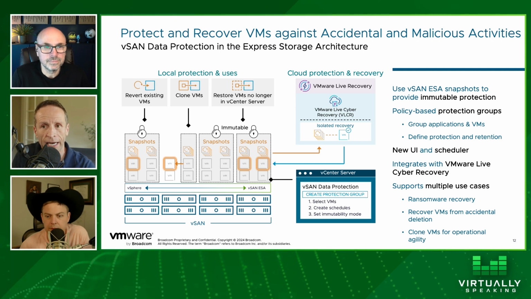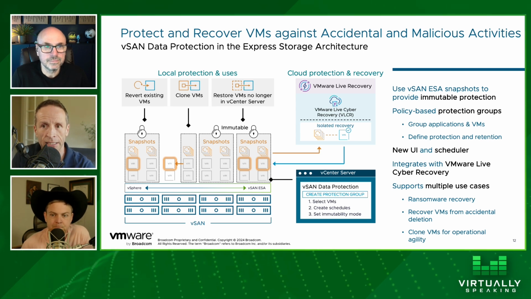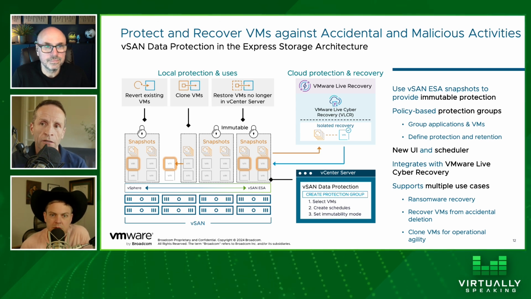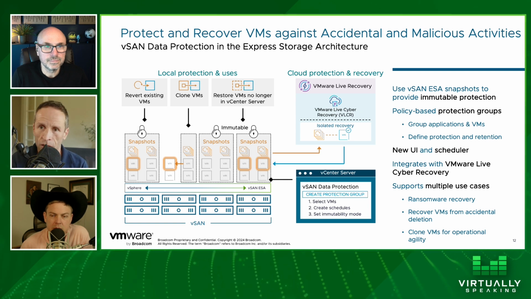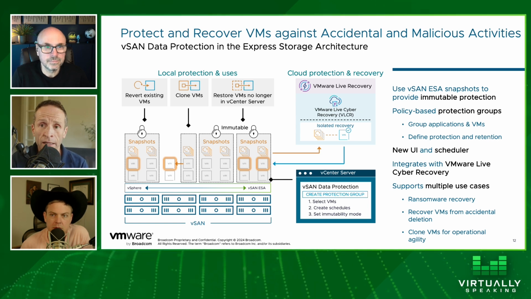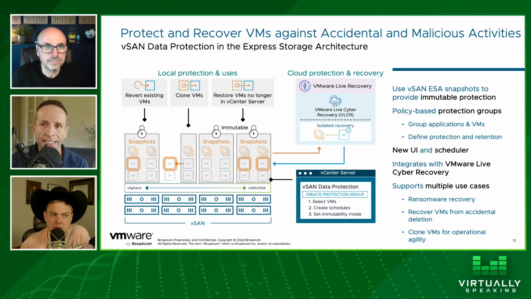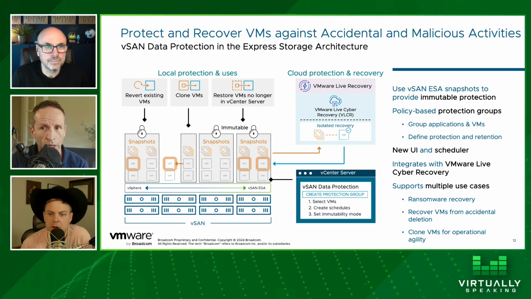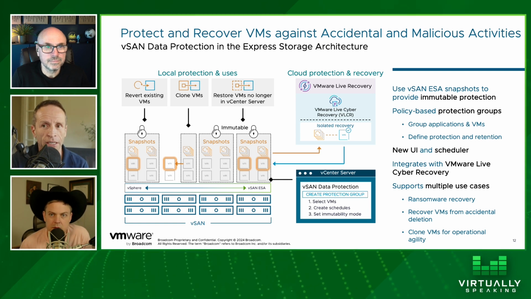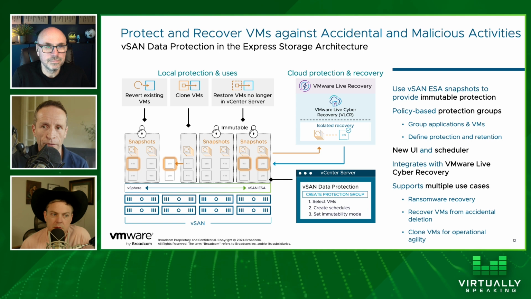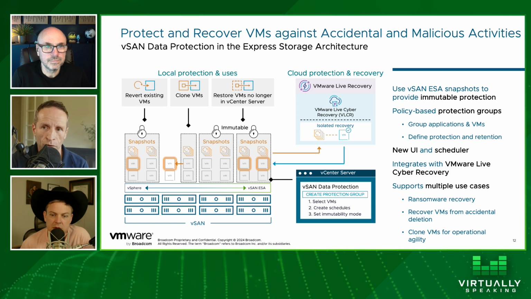We incorporate that within the snapshot mechanism itself so that when you're reverting VMs or cloning VMs, we can understand where this data actually lives, and we do it very quickly. And that's how we're able to achieve essentially no performance impact for these operations.